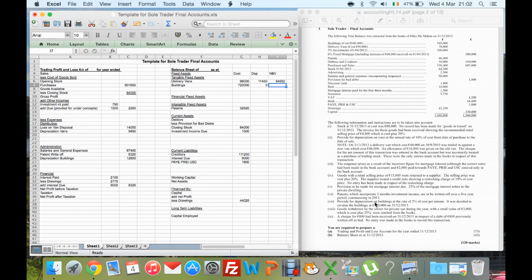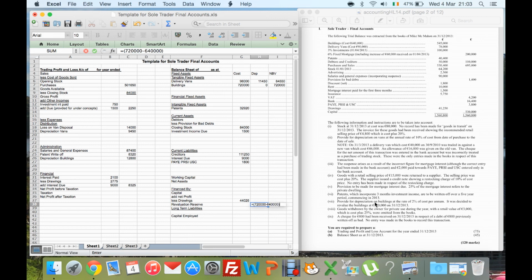So that means we're going to have 720 in our book value. So we need to have down here a new finance by item. So the revaluation reserve is going to be the difference between 720 and 640.